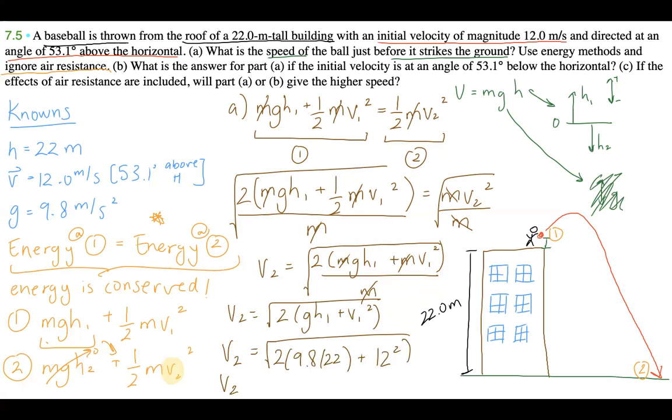Actually, I just want to double check something. Did I make a mistake? I think I made a mistake somewhere here. Oh, I got it. So sorry. Over here, notice how, yes, we distribute the 2 into here, but we also distribute it right over here. So really, this should be 2 times mgh1 plus mv1 squared, right?